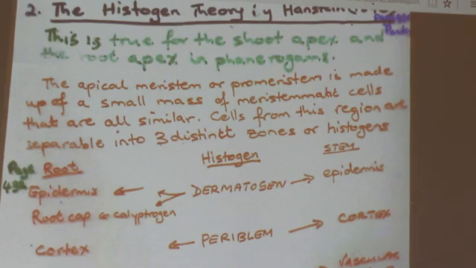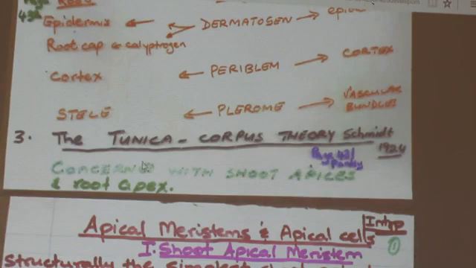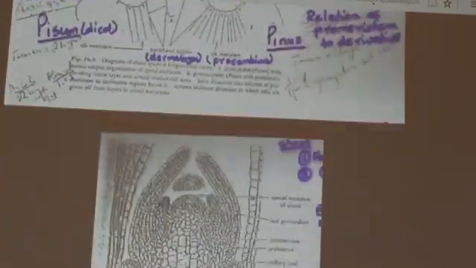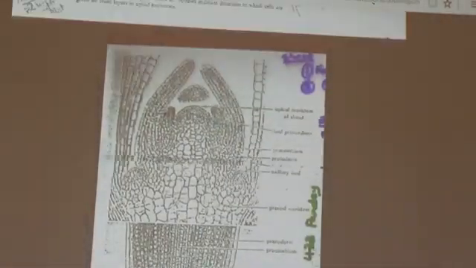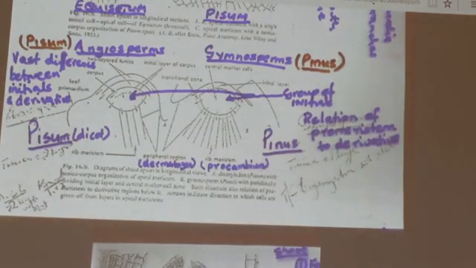Now, let us go to what Schmidt said. Schmidt presented what we call the Tunica corpus theory. Allow me to go back to the pictures I presented to you. The Tunica corpus theory: a tunic, for ladies, they know that a tunic is a dress.